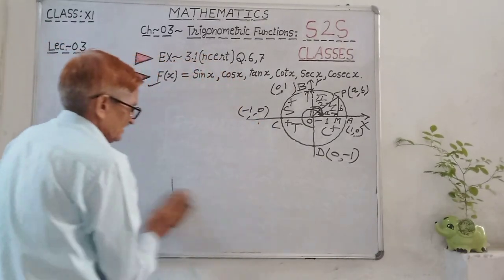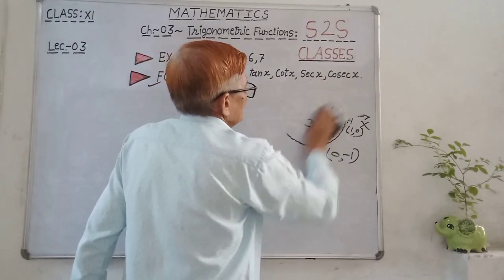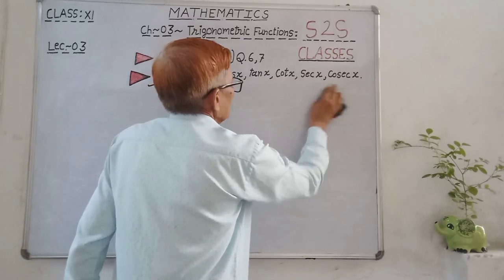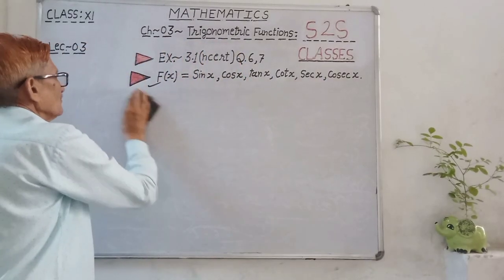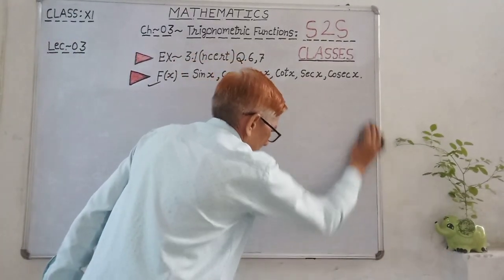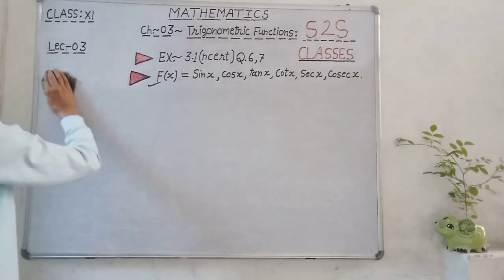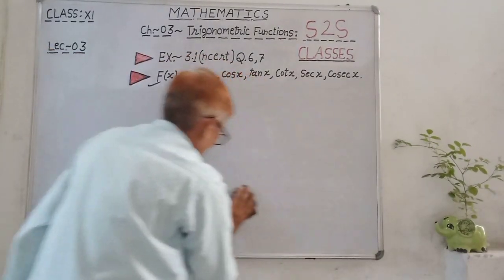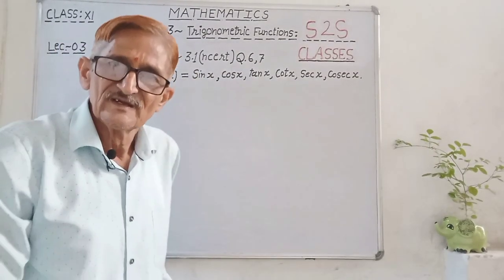Also remember which function is increasing or decreasing in which quadrant. Keep this in mind and find the values in between using the other formulas I am telling you.